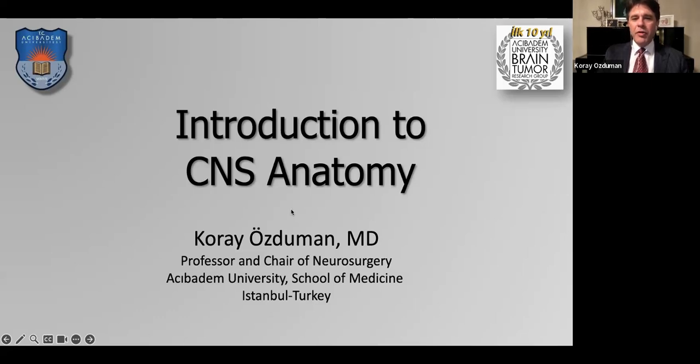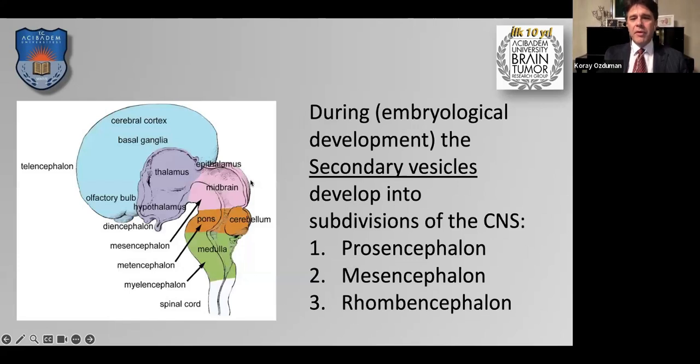So, as you know, the central nervous system, during its development, is made of four different parts. The first of these is the prosencephalon. This prosencephalon part makes up the brain cortex and also the diencephalon.